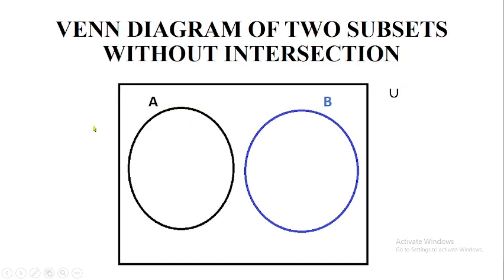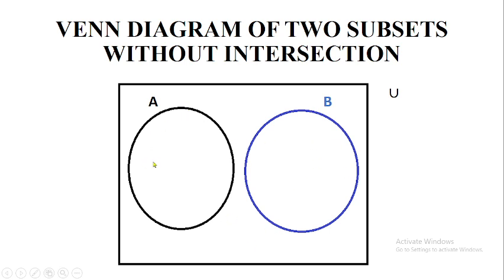Now we have another box which represents the universal set, and we have two different sets inside it: set A, which is labeled with this black circle, and set B, represented by this blue circle. What can we see?